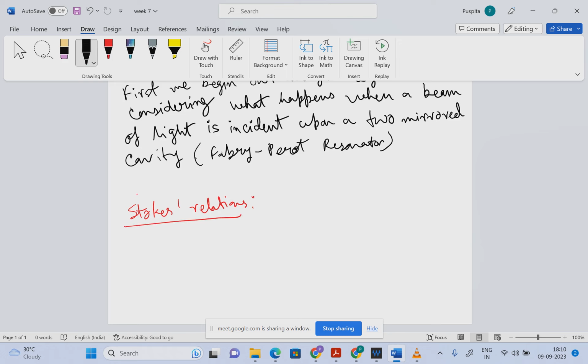Now we investigate the reflection of light at an interface between two media using the principle of optical reversibility.